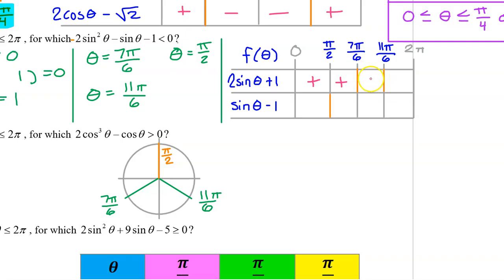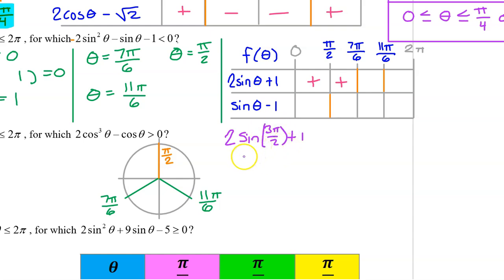Now I need to pick a test value between 7 pi over 6 and 11 pi over 6. Alright, that's between here and here. I see a nice value of 3 pi over 2. I think I'm going to write this one down though. Let me switch to purple. So plugging in the 3 pi over 2, we have 2 sine 3 pi over 2 plus 1.